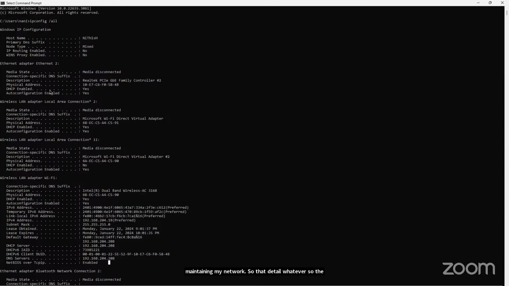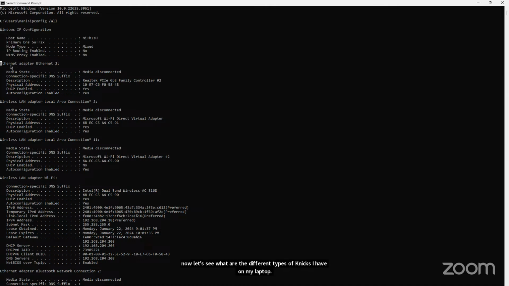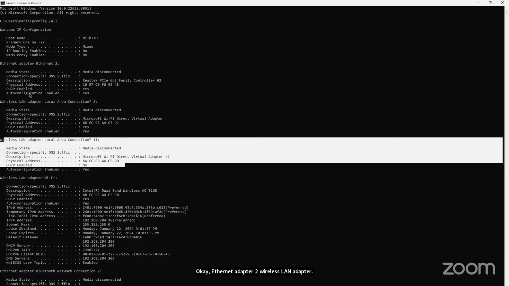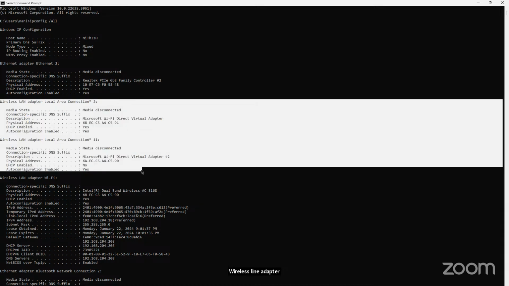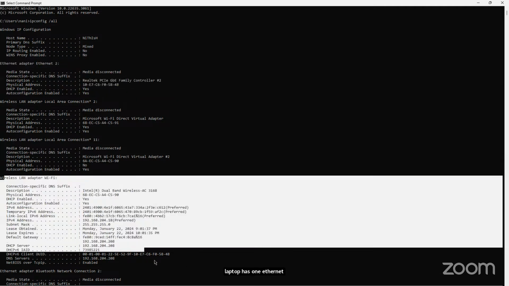Now let's see what are the different types of NICs I have on my laptop. One is IP configuration, which is just the basic details. Then Ethernet adapter 2, wireless LAN adapter, wireless LAN adapter 11. My laptop has one Ethernet NIC and one wireless NIC.